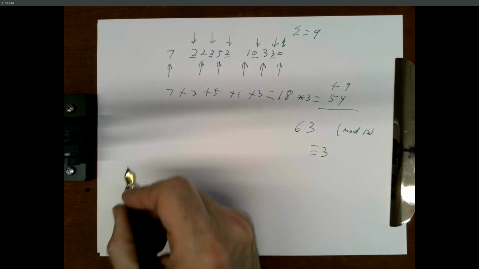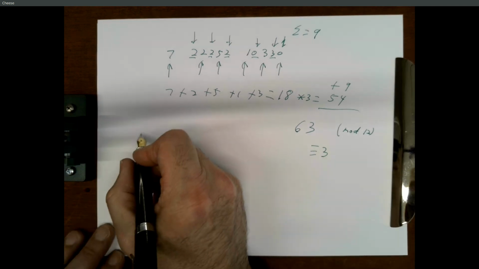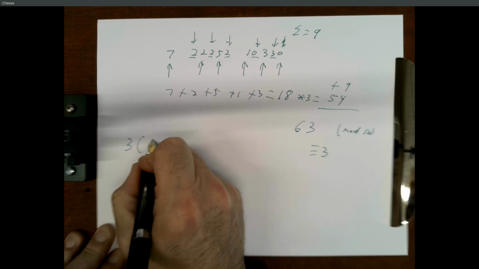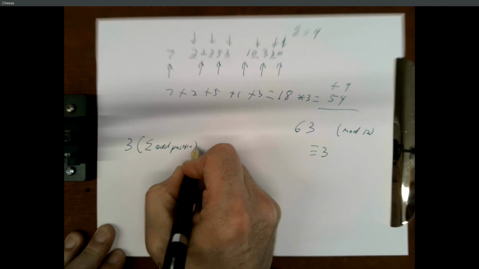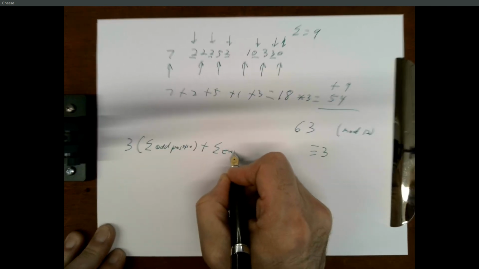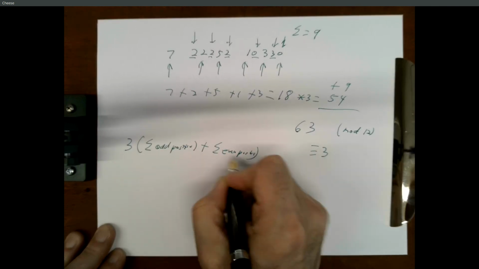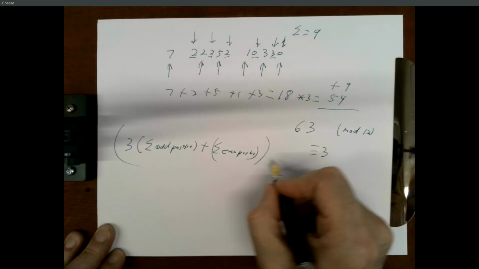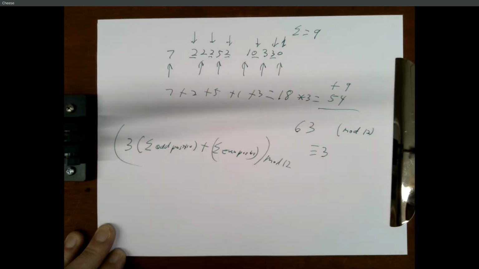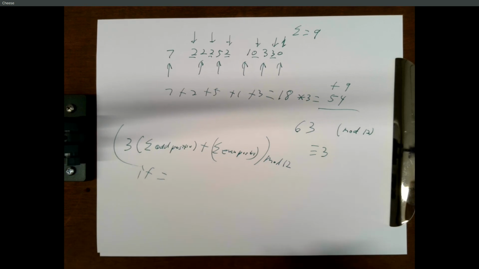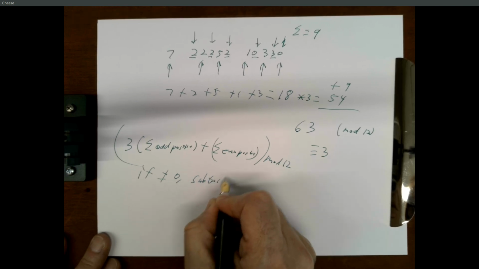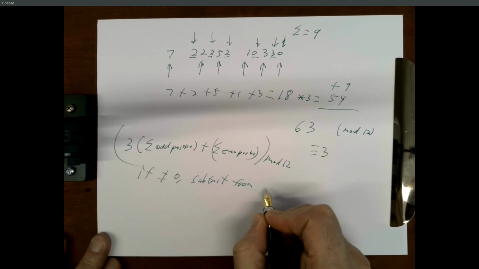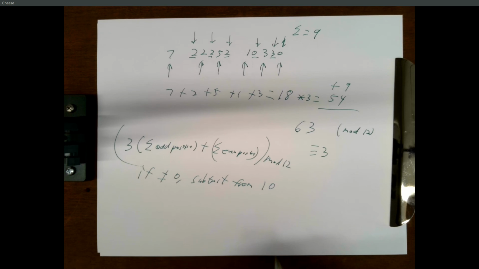So it's 3 times the sum of the odd positions, plus the sum of the even positions, and you do that modulo 12. And then if not equal to 0, subtract from 10.